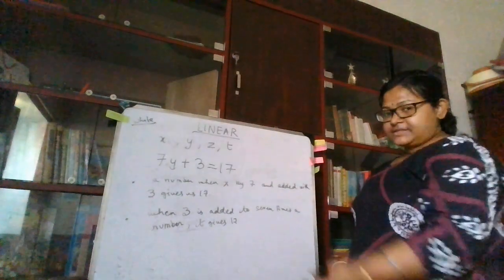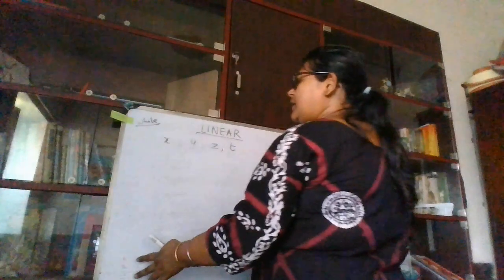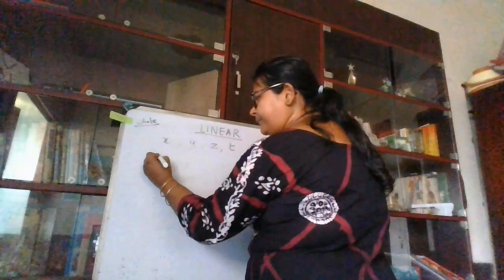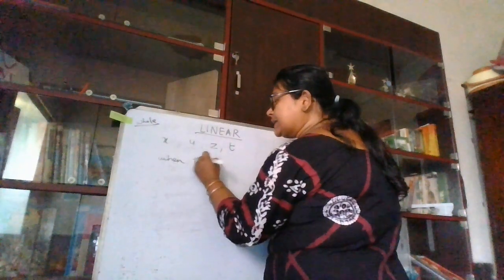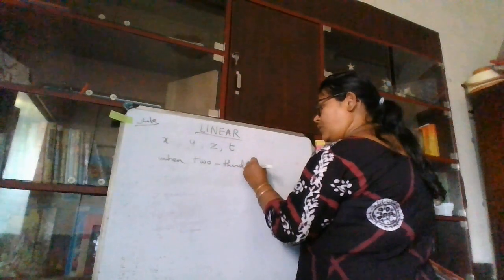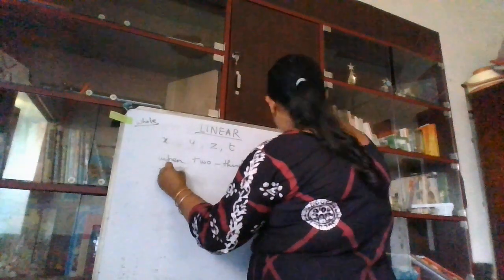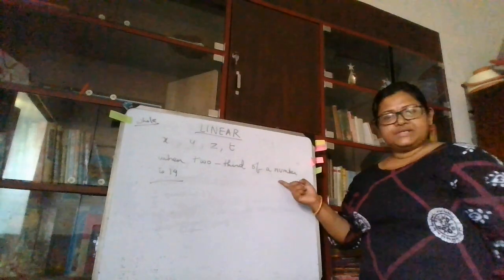Alright? Next, let me give you a statement and see what kind of equation can be formed. A statement is like: when 2/3 of a number is equal to 14.